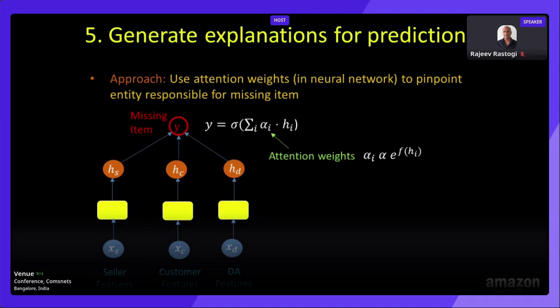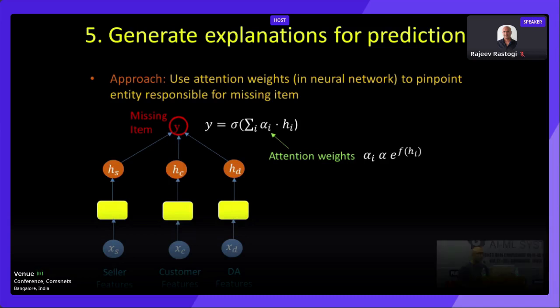Now, the attention weight for each entity captures the likelihood that it is responsible for the missing item. Okay, so the attention weights at some level are giving some sort of attribution or explanation of why this particular order ended up going missing, right?